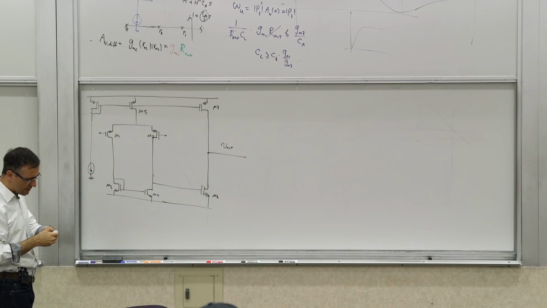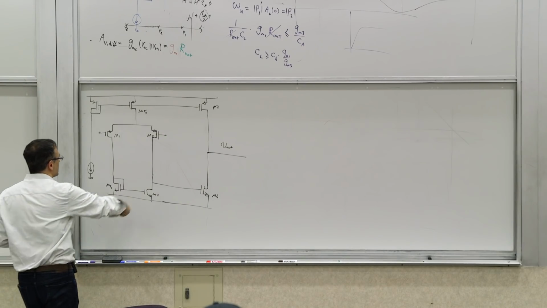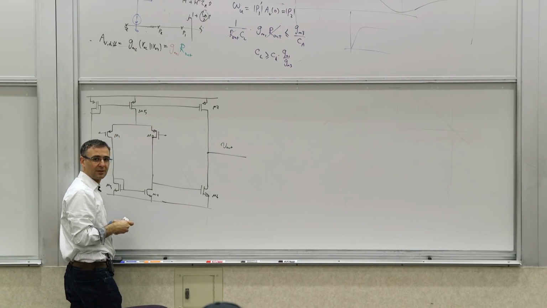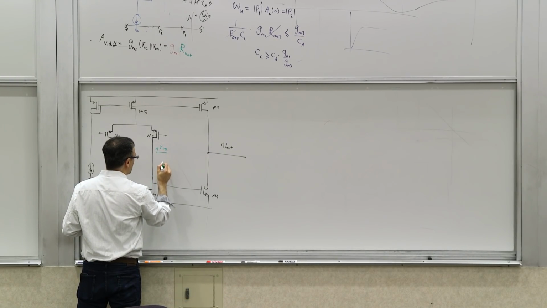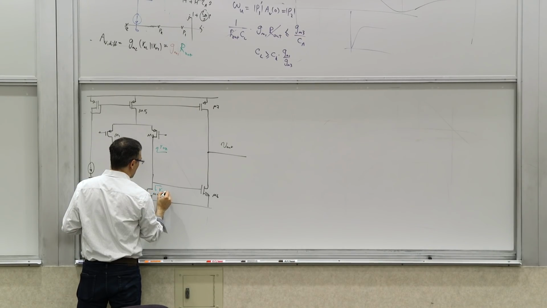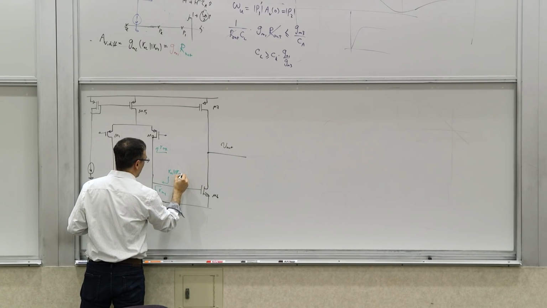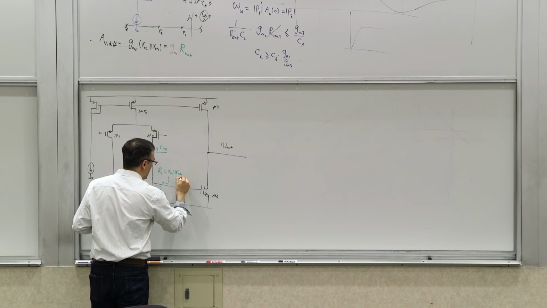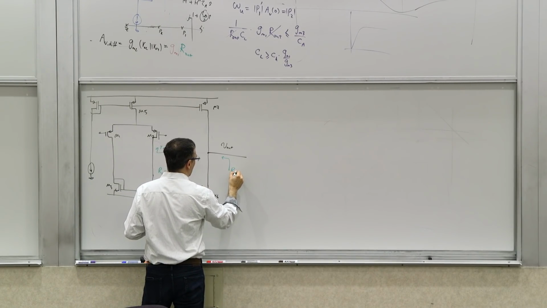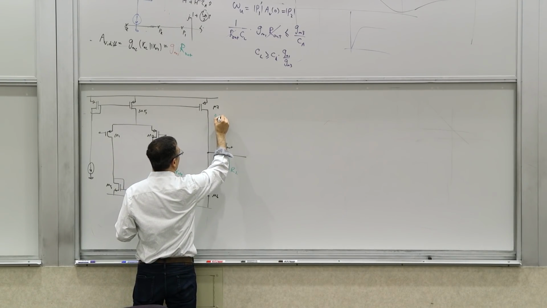So first questions first, what is the DC gain of this stage? Well, it's two gain stages, right? The first gain stage is this. We just analyzed this 5 minutes ago. So this resistance is RO2 parallel RO4. We call it capital R1. And let's call this capital R2, which is basically RO6 parallel RO7.